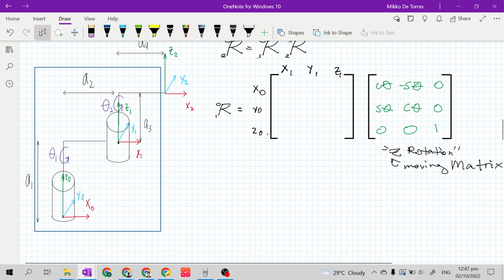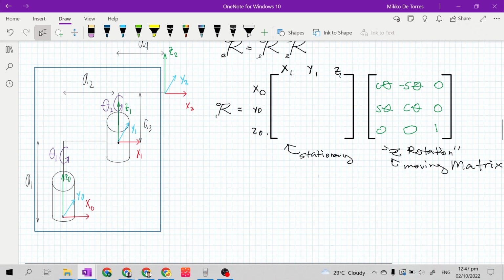We need a rotation matrix that describes the joint when it is not moving. This is a rotation matrix, but it is a stationary rotation matrix, so a not moving rotation matrix.